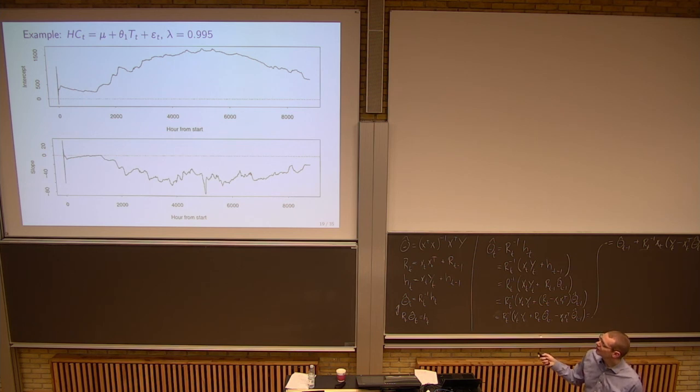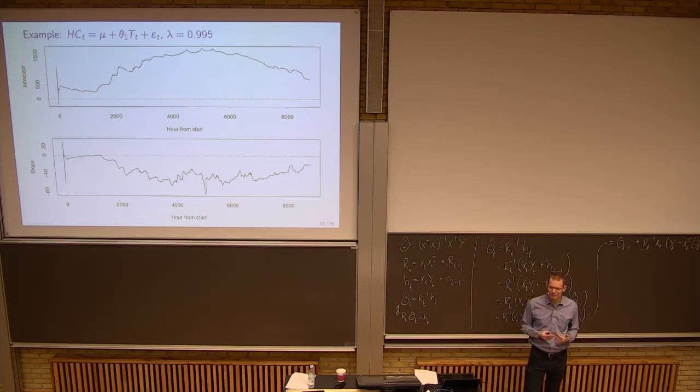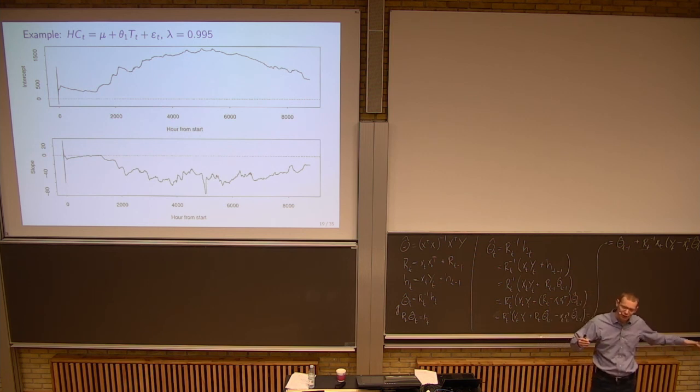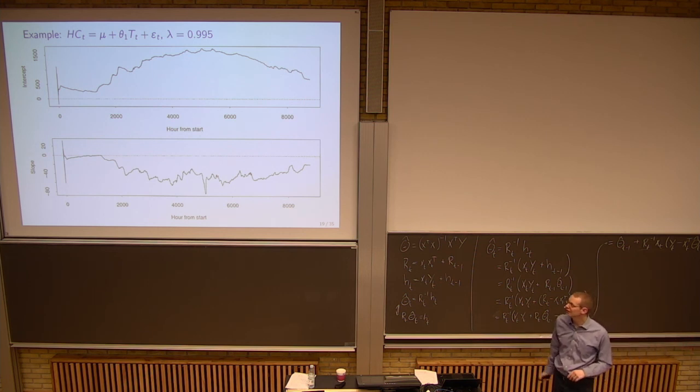How many hours does this correspond to as effective memory of this system? 200, yes. 1 divided by 1 minus this number. So basically 200 observations, that's roughly 8 days. So we're looking at the past 8 days effectively. Of course, there's memory further back than that, but effectively it's the last 8 days that is used.